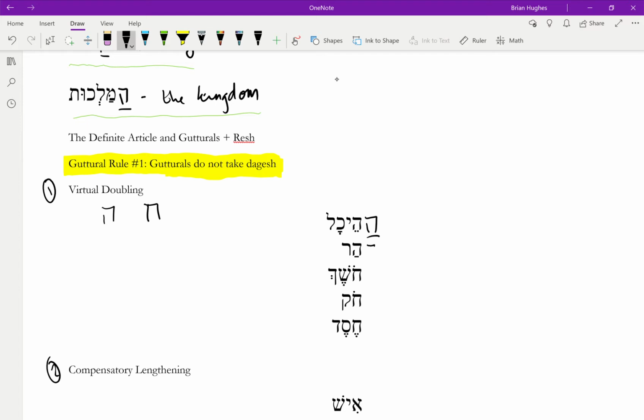Har is mountain, so we just have hahar. Choshek is darkness. Again, we just pretend that it's happening. There's no dagesh that we would expect in the first consonant here, but we just have virtual doubling, as if it had been doubled.